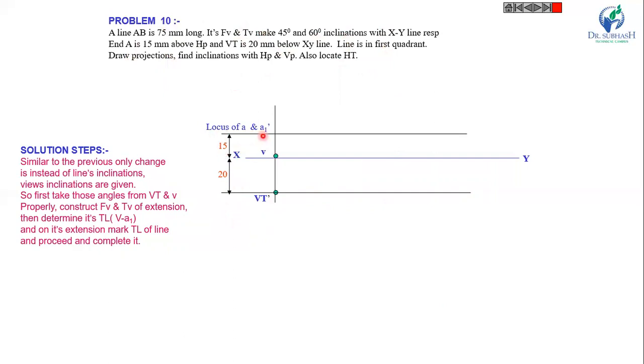Now the locus of A and A1 dash: from VT, draw a line at an angle of 45 degrees. Mark this point A dash and from V draw a line at an angle of 60 degrees. Now project A dash. So this point is A.